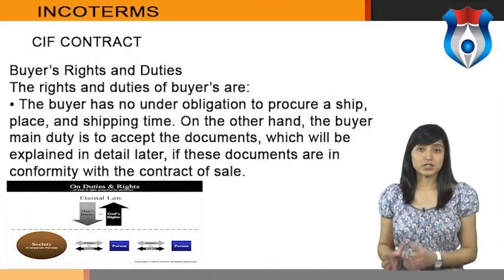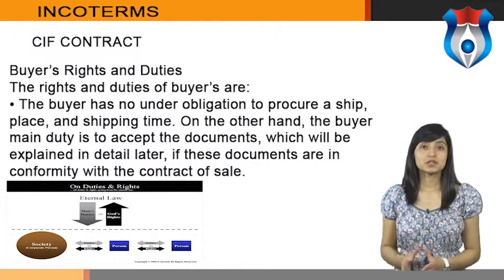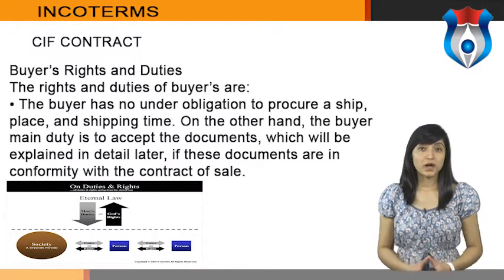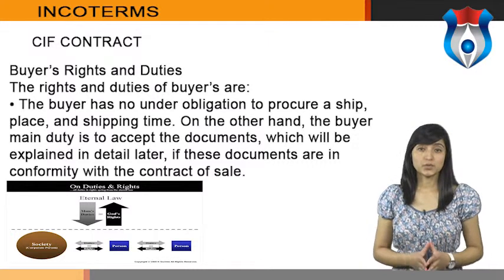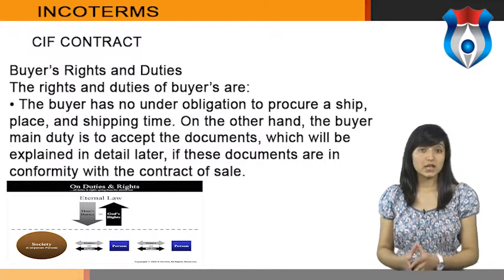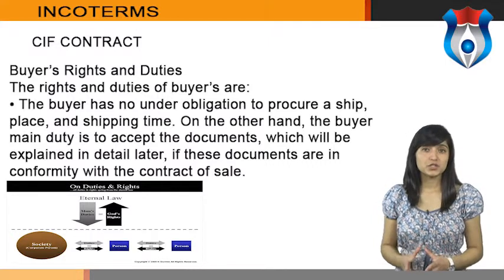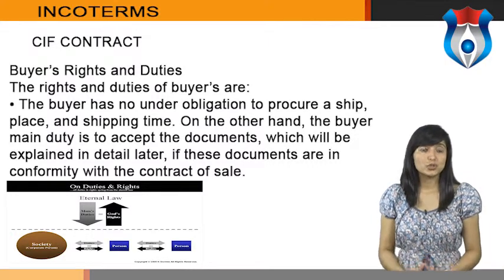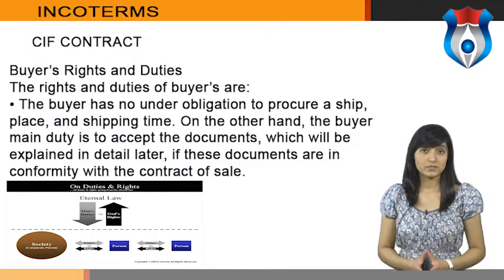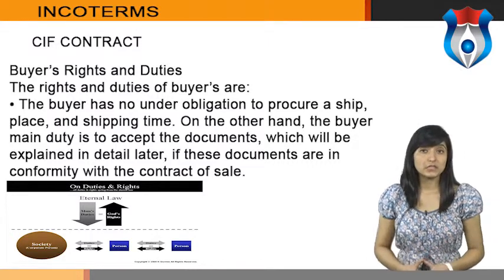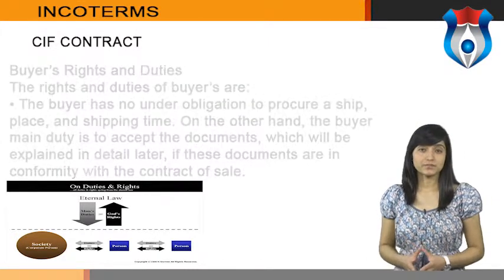Buyer's rights and duties. The rights and duties of buyers are: the buyer is under no obligation to procure a ship, place and shipping time. On the other hand, the buyer's main duty is to accept the documents, which will be explained in detail later, if these documents are in conformity with the contract of sale.